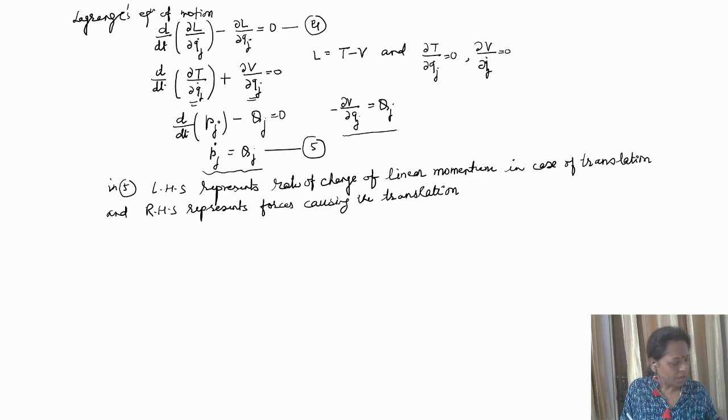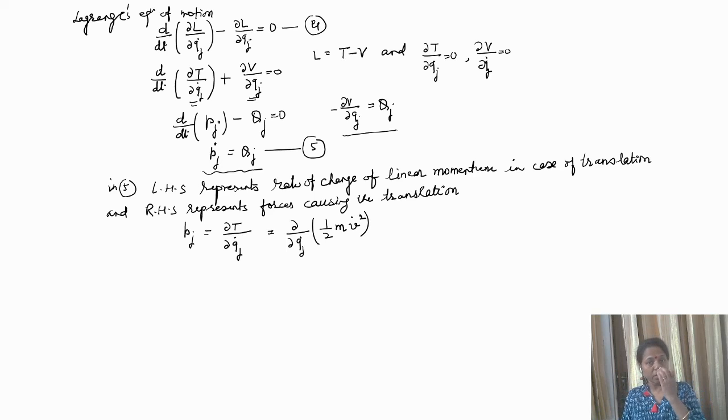So in Pj, we know that Pj is the derivative of kinetic energy with respect to Qj dot. And what is T? Kinetic energy, half m v square. You will write it as r dot square, where r dot is v. This is r dot i, and it will naturally be a summation over i.